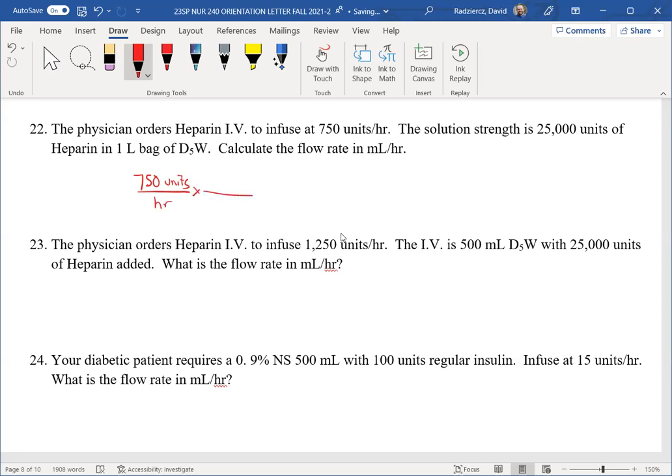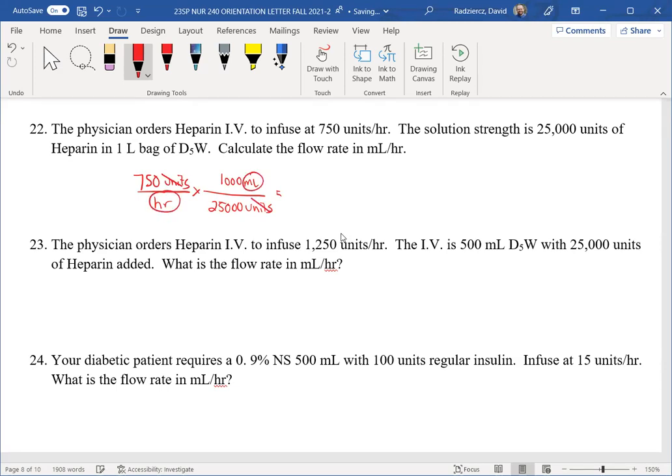This is usually just a two-step process of converting units per hour to milliliters per hour. And you'll know you've done it right because you can eliminate these units.